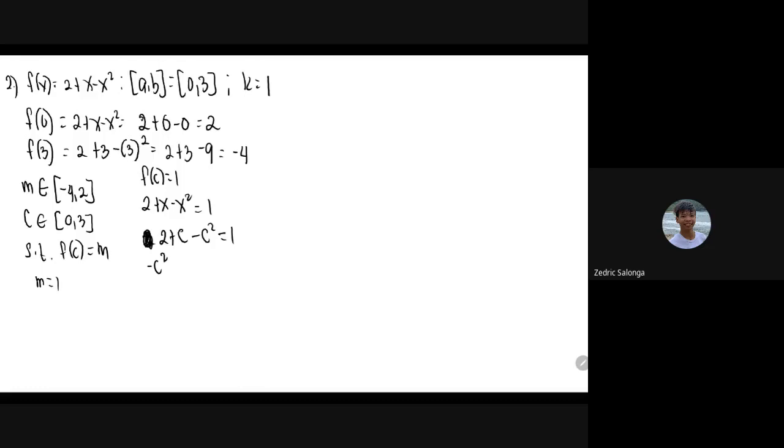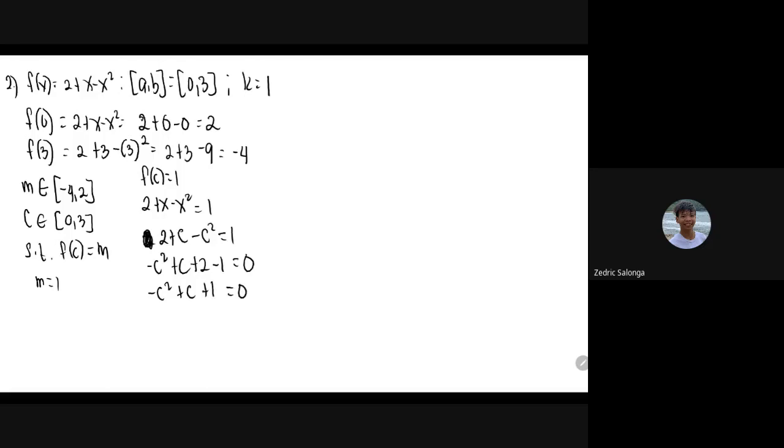Don't be confused about why it became c; we just replace x with c. So negative c squared plus c plus 2, you transpose 1 to the left side, that will be negative 1. So negative c squared plus c plus 1 is equal to 0.